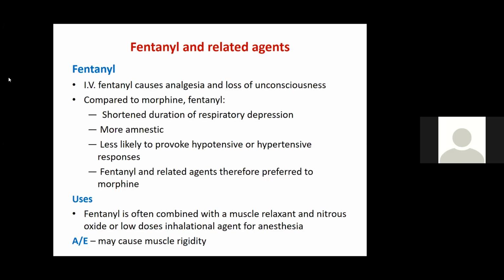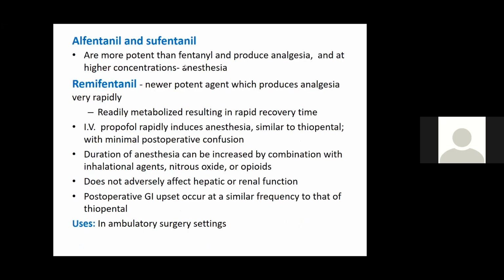Alfentanil and sufentanil are basically more potent, and produce analgesia. So they're more potent than morphine, and remifentanil the same. So what I'd like you to do during your revision, kindly go through the stated adverse effects for each of these drugs.